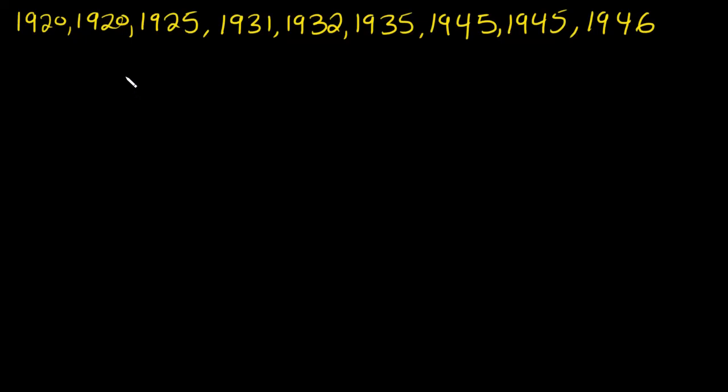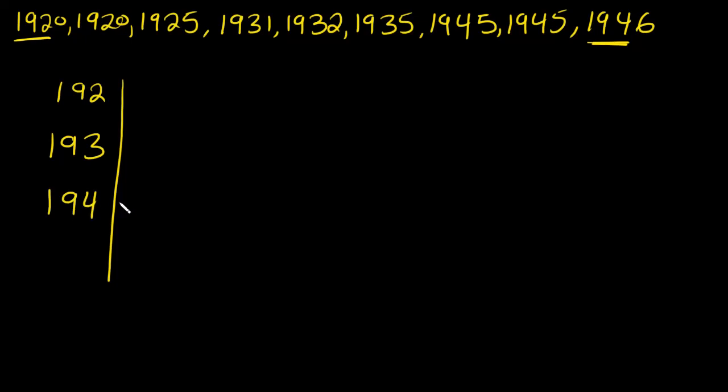When I start my stem leaf plot, since we have 4 digits here, going from 1920 to 1946, we're going to start with 192, and then count all the way till we get to 194. So 192, 193, 194.